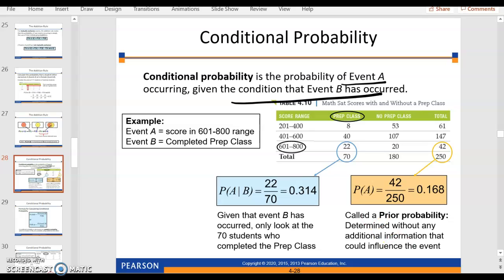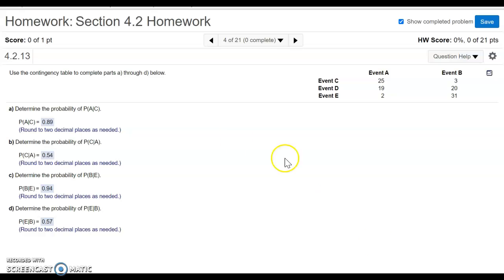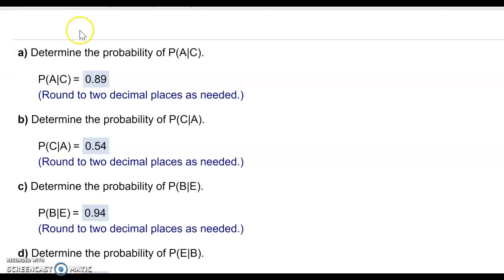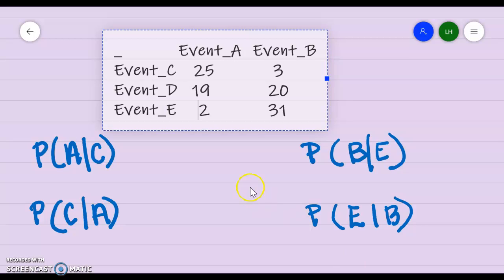This is the way that I like to explain it. So here are our events, and the first one is read as the probability of event A occurring given that event C occurred.